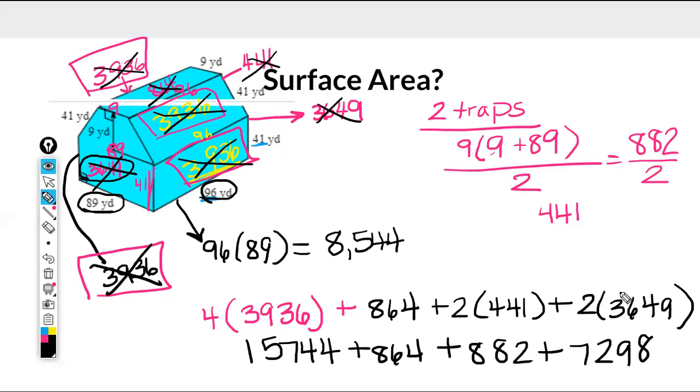And then we're going to add them all together. So 15,744, plus 864, 882, 7,298. So we get a surface area of 24,788 square yards.